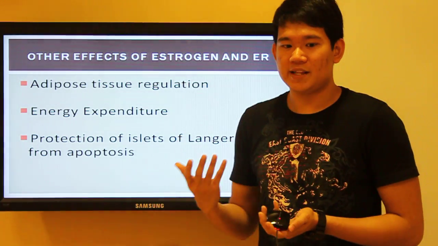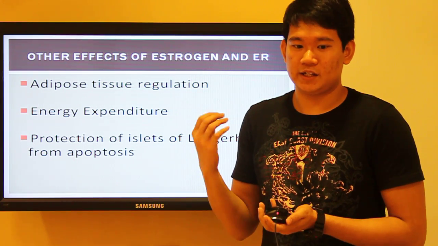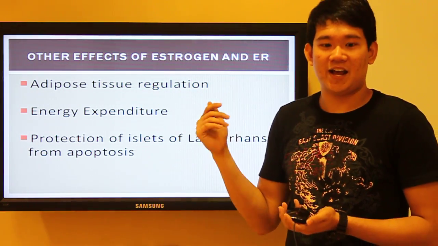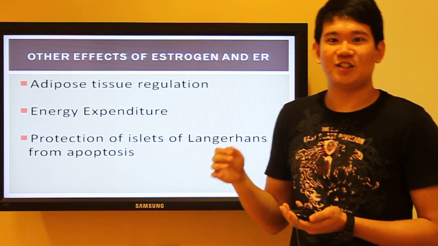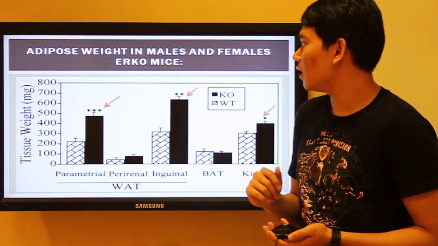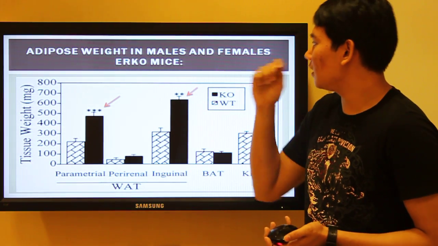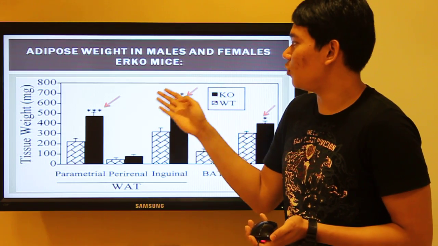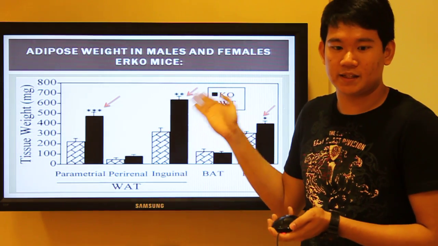There are also other effects of estrogen and the estrogen receptor, such as adipose tissue regulation, energy expenditure, and protection of the islets of Langerhans from apoptosis. This graph shows that there's an increase in adipose weight for the knockout mice than the wild type mice.